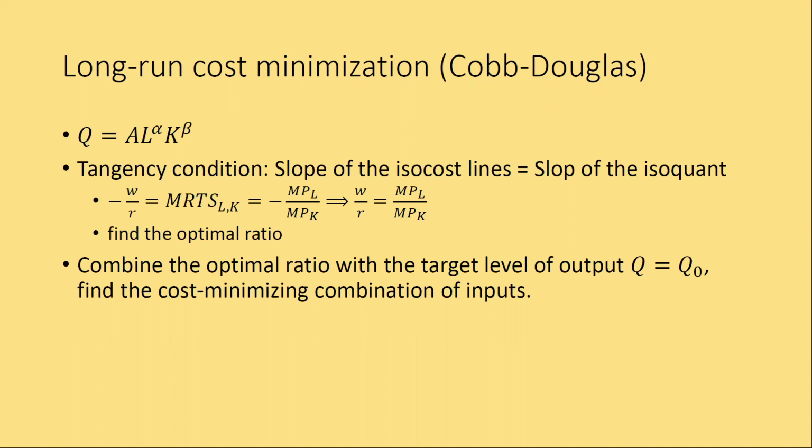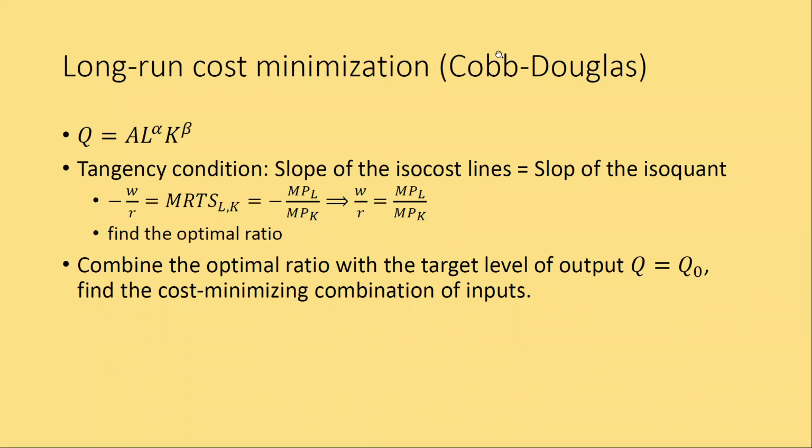We derived previously that the slope of the isocost line is negative W divided by R. And the slope of the isoquant we derived in the previous lecture. It is the marginal rate of technical substitution, and that equals the negative ratio of the MPL divided by MPK. So the tangency condition is eventually going to be W divided by R equals MPL divided by MPK.